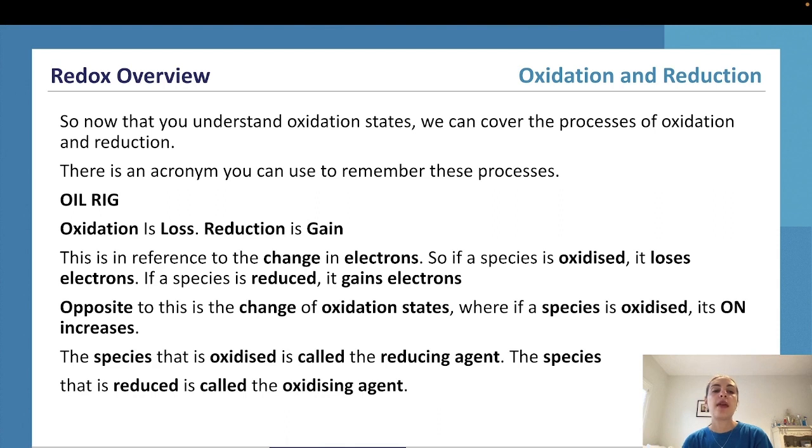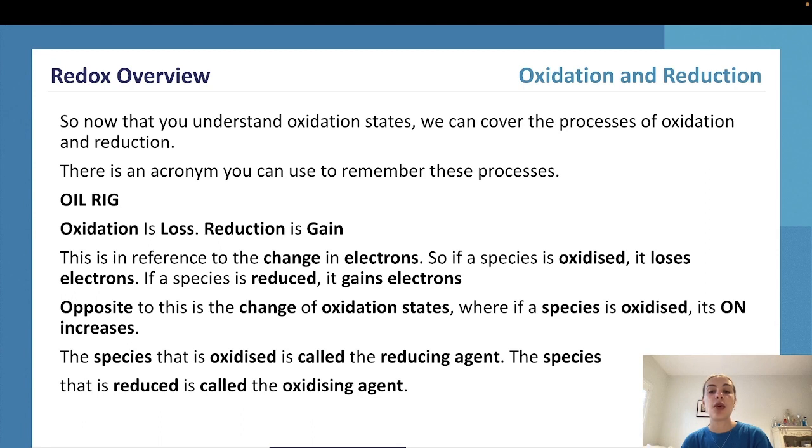And so these values, as I already mentioned, are referencing the change of electrons which occur in a redox reaction. So if a species is oxidized, it loses electrons, whilst if it is reduced, it's going to gain electrons. And opposite to this is the change of oxidation states.